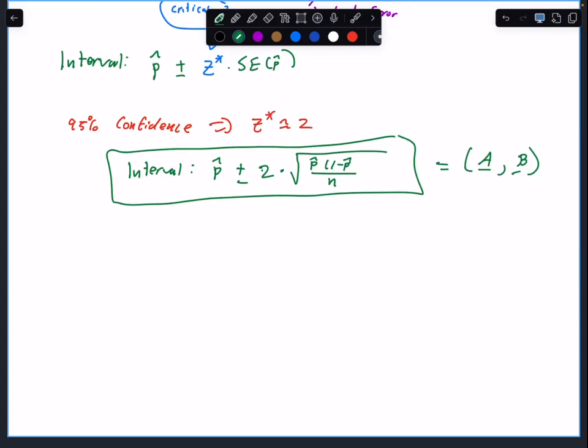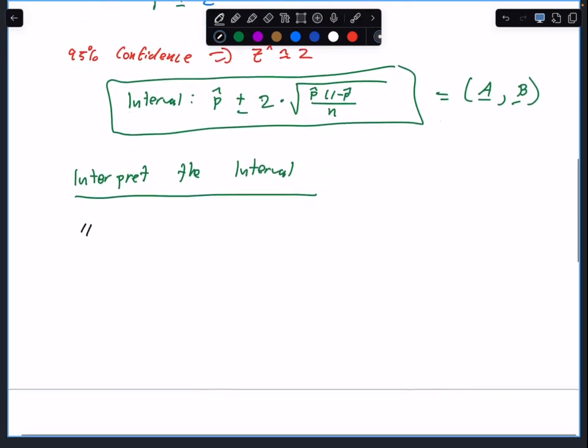So when we find this interval, what does it mean? We want to interpret the interval. That's our blanketed statement that we're going to write, that we need to memorize. This is something for you to say over and over and over.